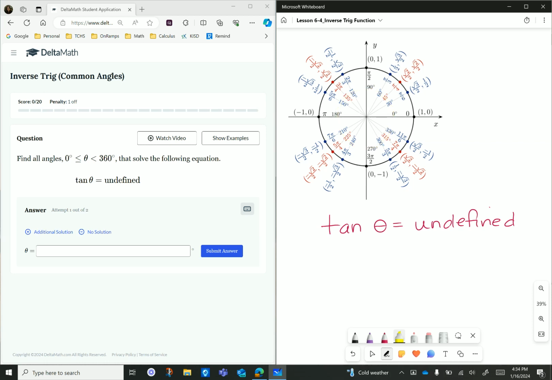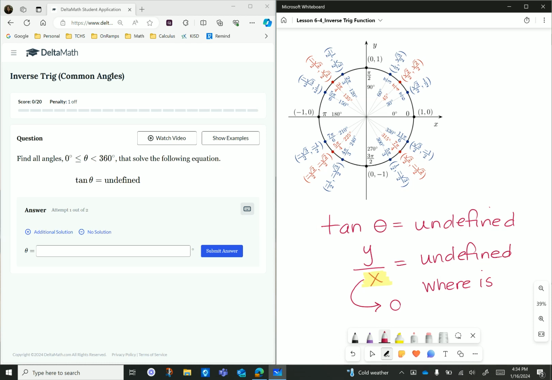So where is my tangent theta going to be undefined? Well, you have to remember that tangent theta means the y over x has to be undefined. That's what tangent is. And fractions are only undefined when your fraction denominator is actually equal to 0, okay? So what you need to do is figure out, where is x going to be 0?